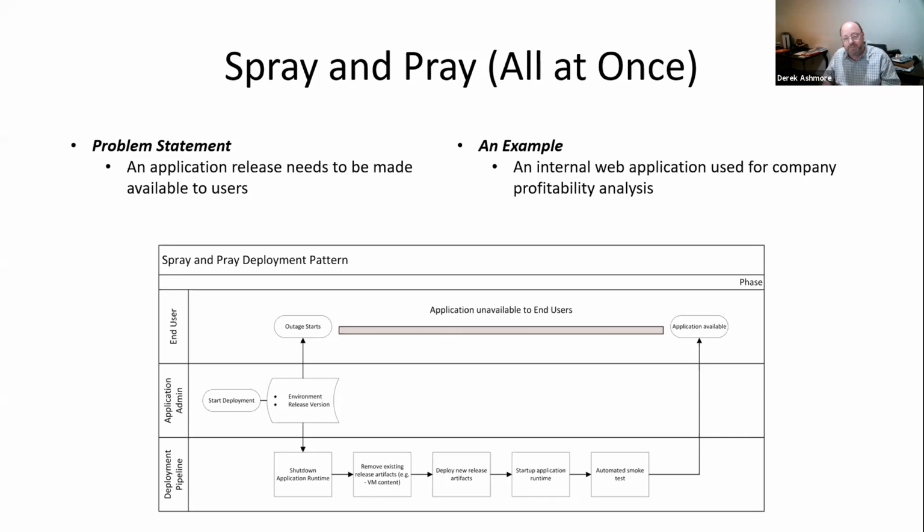If you're really fancy, you'll do some sort of automated smoke test to give you some sort of red light, green light to make sure that it kind of works. And then you'll declare the application available at the end. The big part about this that I want you to notice is the top line where the end users experience an outage when that deployment happens.